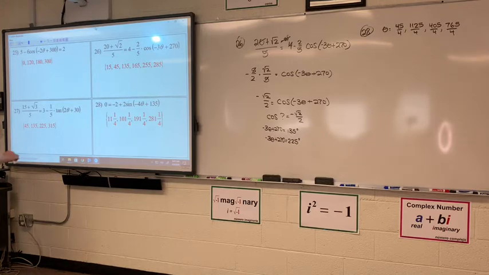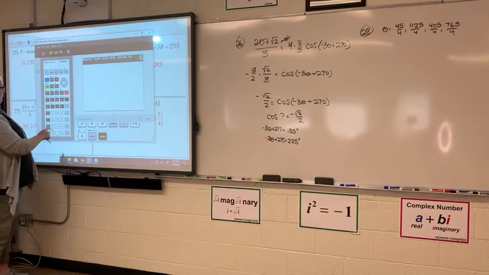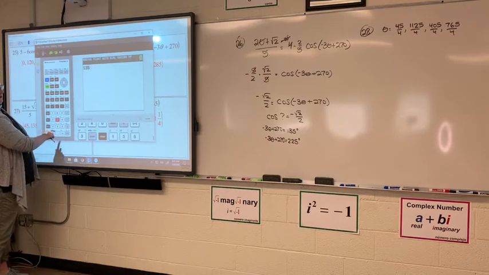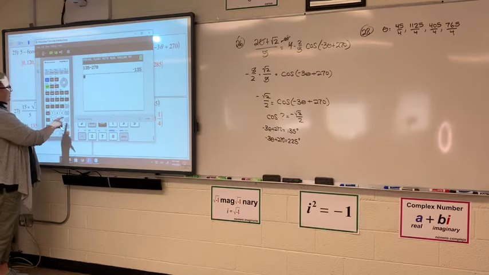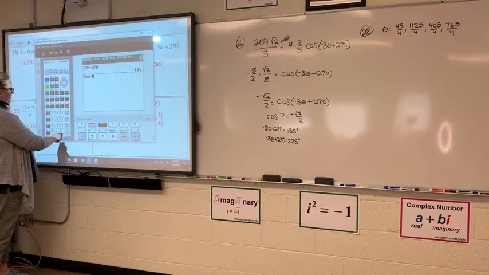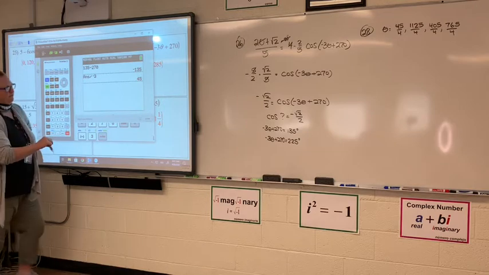Now it's calculator time. So let's clear what we had up there. So it's 135 minus 270, and then divided by negative 3. So that gave me 45.